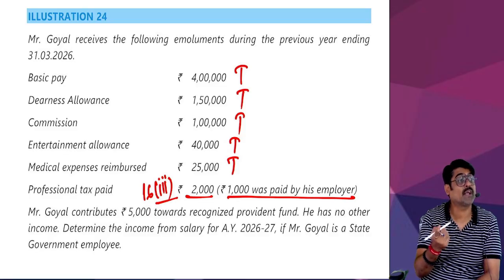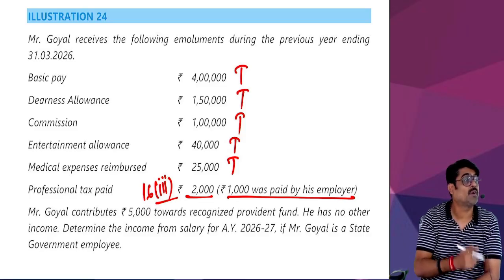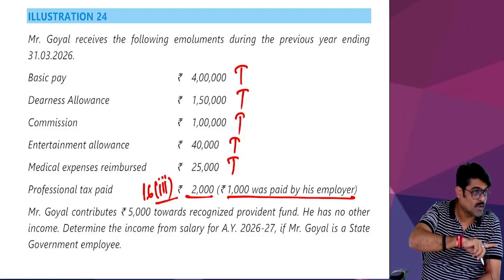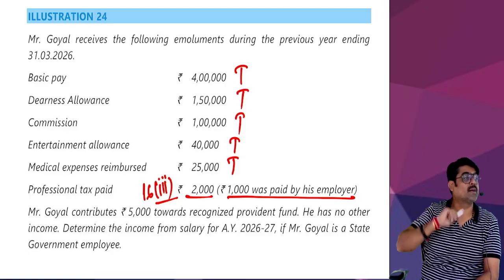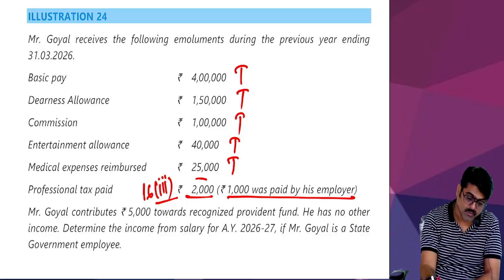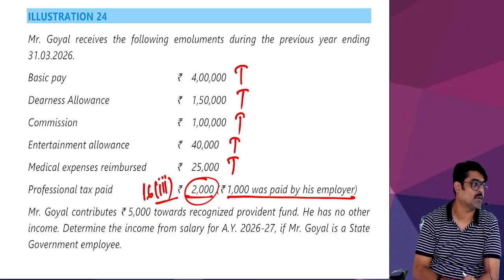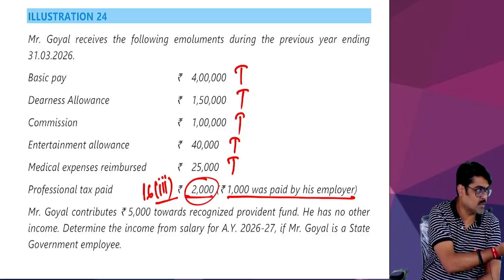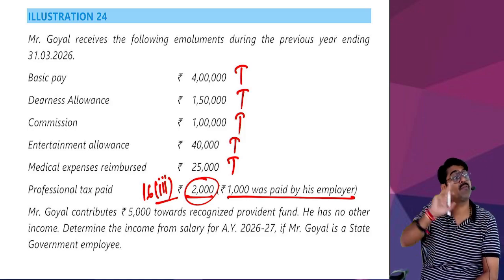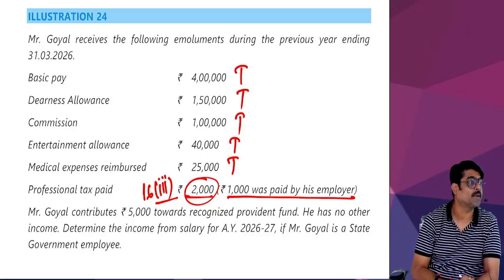Your professional tax paid by the employer is first taxable as your perquisite, clause number 4, and then for that you get the deduction. So this 1000 which is paid by the employer is also included in this 2000. So when you take the deduction of 2000, automatically this 1000 will be allowed. But the first effect of 1000 you are supposed to give separately.